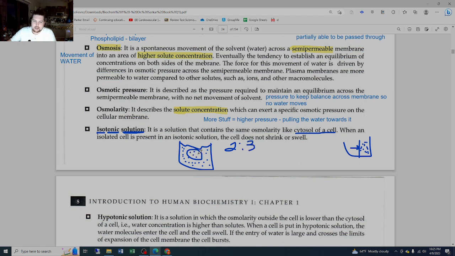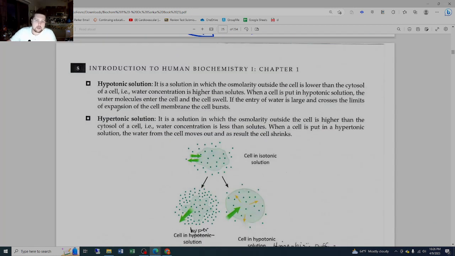On the inside, we have the same ratio of stuff to water, meaning that there's not going to be any pressure pushing water in or pulling water out. Okay? So nothing's going to happen. It's not going to shrink or swell. Hypotonic, the way that I always remember this, I think hypo, I think hippo.